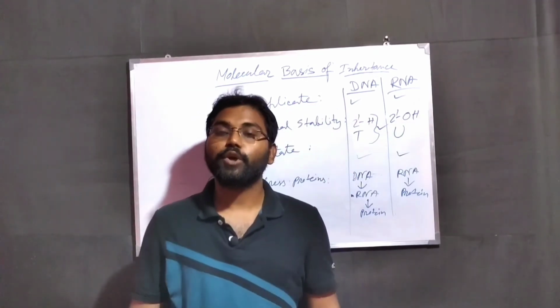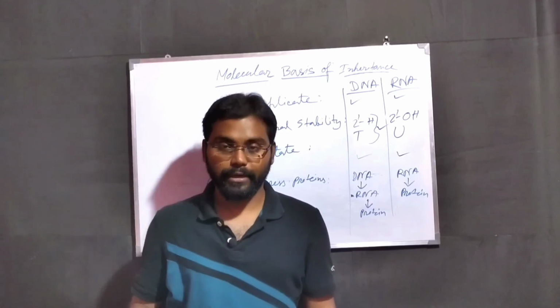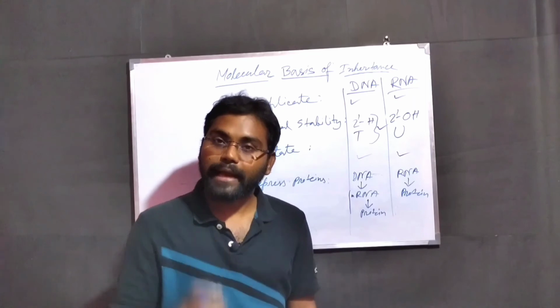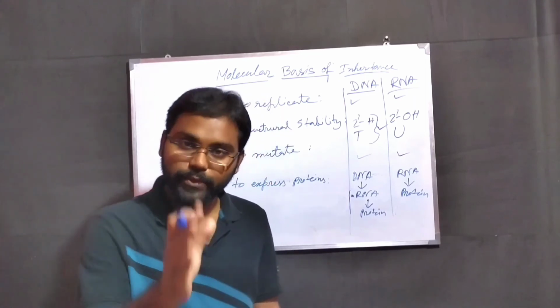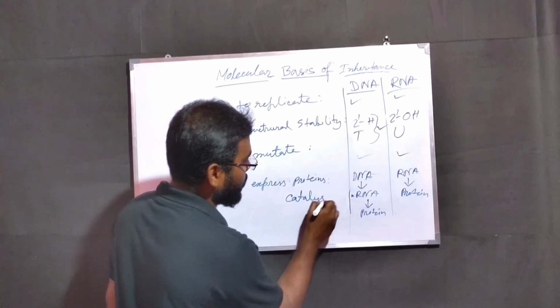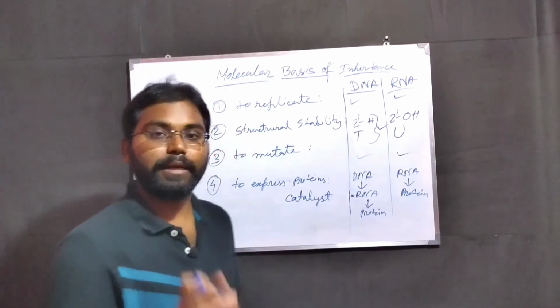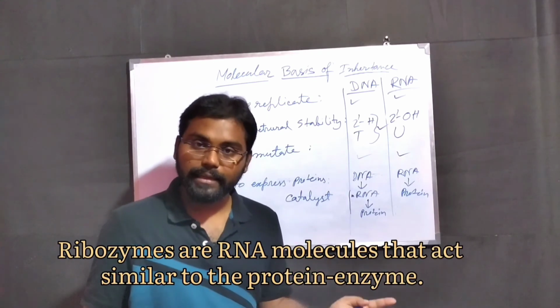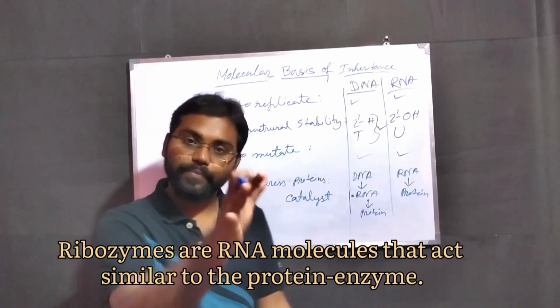Now the question is, which was the first genetic material, DNA or RNA? RNA used to act as a genetic material as well as a catalyst. As we know, enzymes are biocatalysts; ribozymes are RNA that act as enzymes.